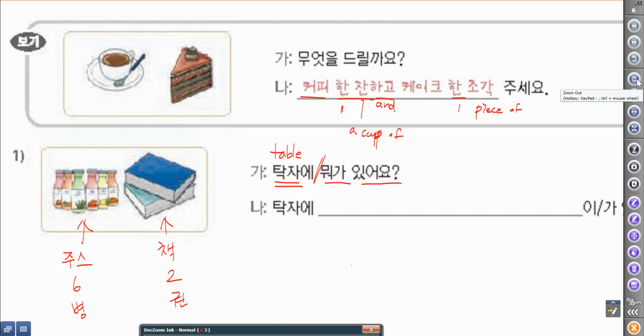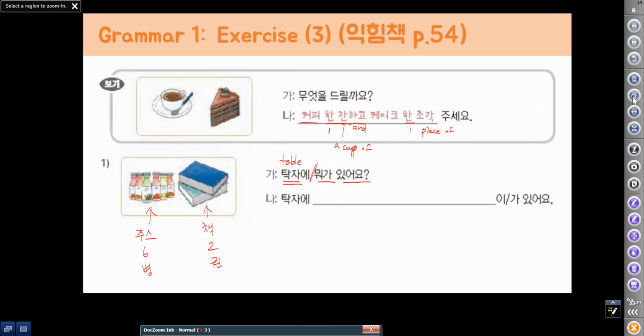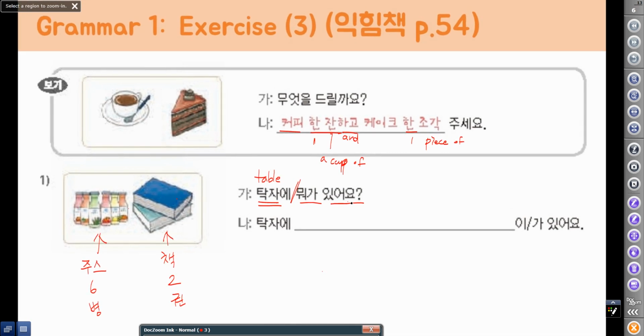So, 탁자에 뭐가 있어요? Noun first, the same thing. Noun, native Korean number, plus counter, N하고.